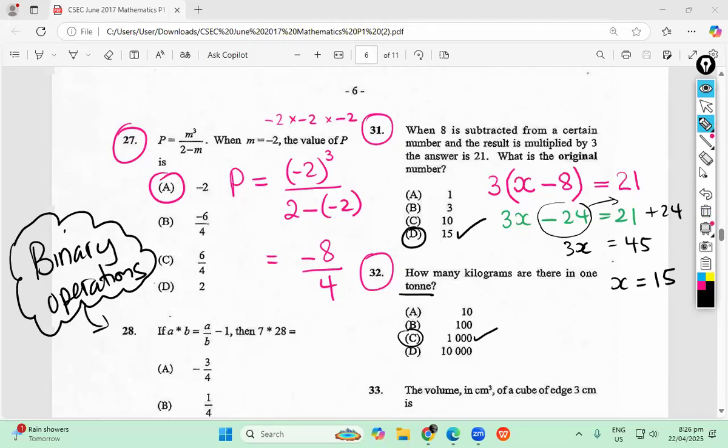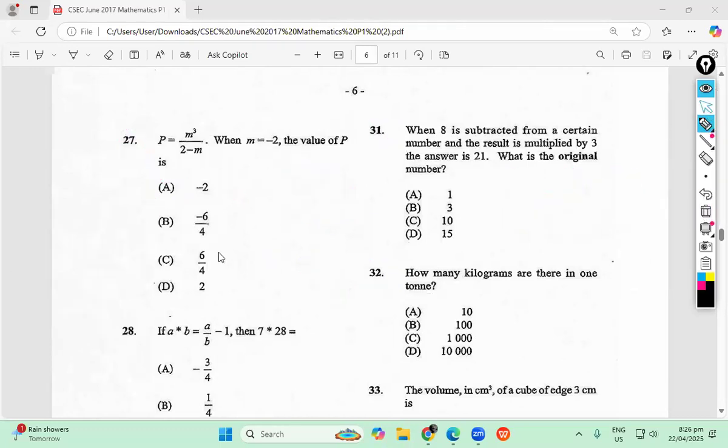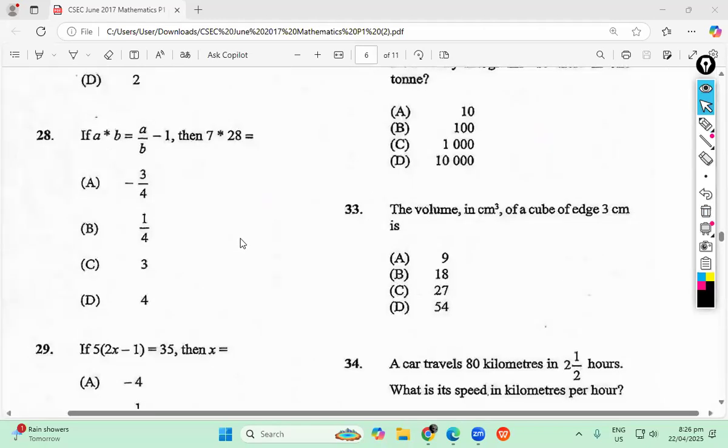So let me show you how to do this question quickly. Let me zoom in here a little bit. All they did was give you a pattern. They say A asterisk B. Now they could use an asterisk, or a diamond, or a dot. A asterisk B, they tell you it's A divided by B minus 1. And then they ask you to find 7 asterisk 28.